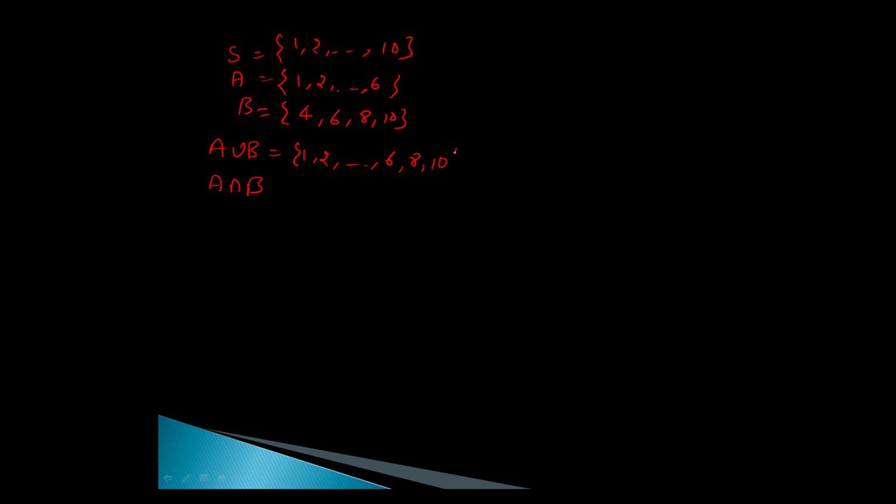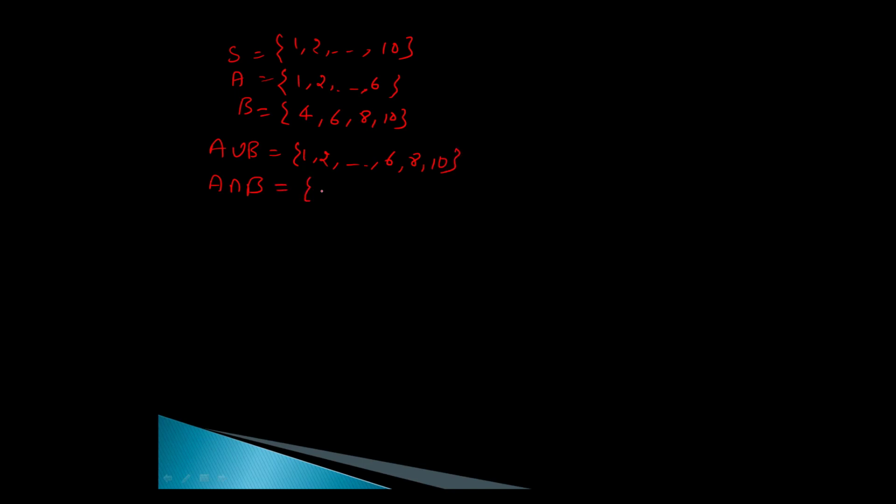1, 2, 3 up to 10. A was the set of these elements 1, 2, 3, 4 up to 6, 6 elements. B was the set of these elements 4, 6, 8 and 10. A union B was 1, 2, 3, 4, 5, 6, 8, 10.